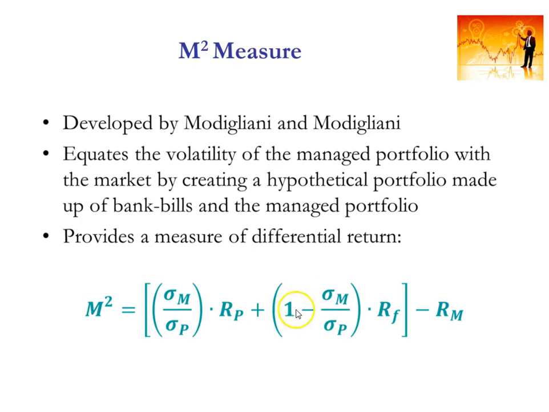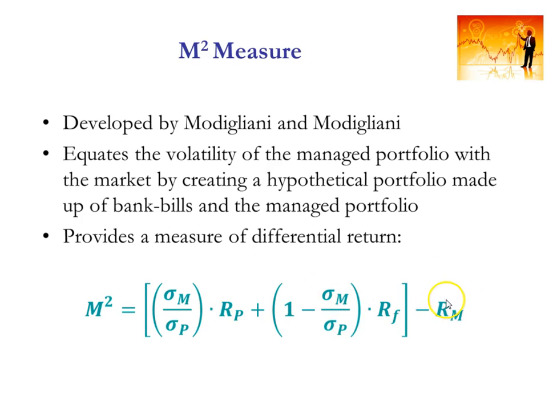Then we weight the balance, or 1 minus that ratio, in the risk-free rate. We take the combination of those and we've effectively created a new portfolio that combines our risky asset and the risk-free rate together. And as I said before, the relative weightings are determined such that this new portfolio will have the same standard deviation as the market.